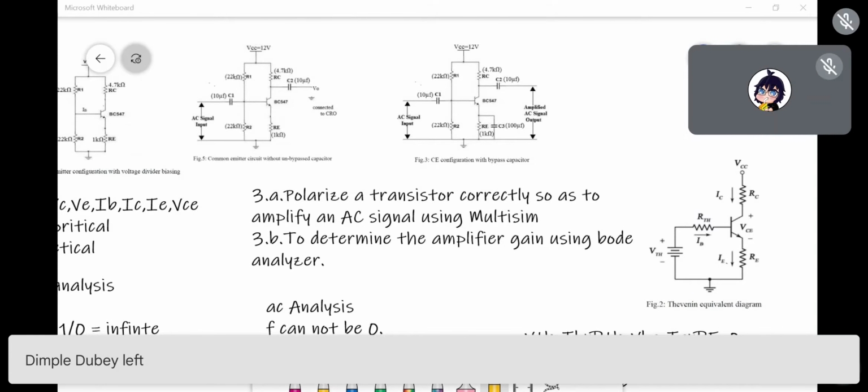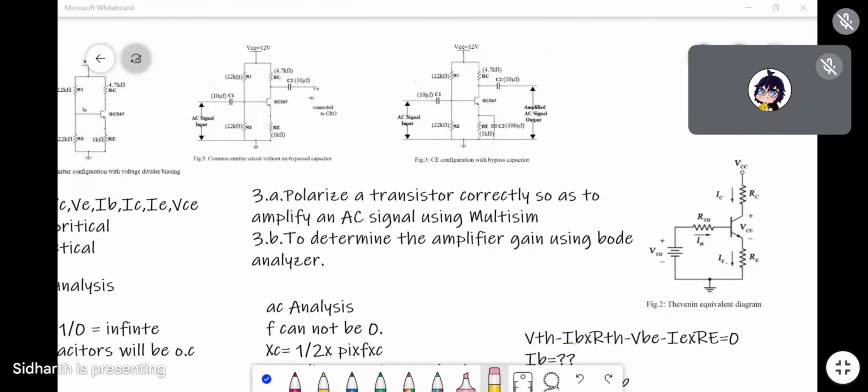One more thing, there will be a phase difference of 180 degree between the input voltage and output voltage in the common emitter configuration. Okay, so you will get the 180 degree phase shift in the output waveform, right? So now check.